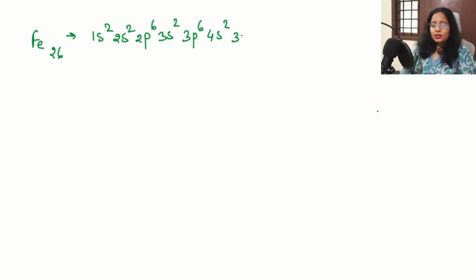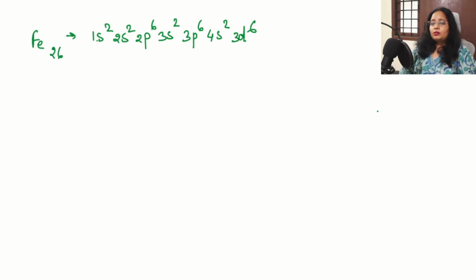Now come up to next, iron and krypton are left over. So come up to iron, Fe, atomic number is 26. So write the configuration: 1s2, 2s2, 2p6, 3s2, 3p6, then 4s2 and then 3d6.